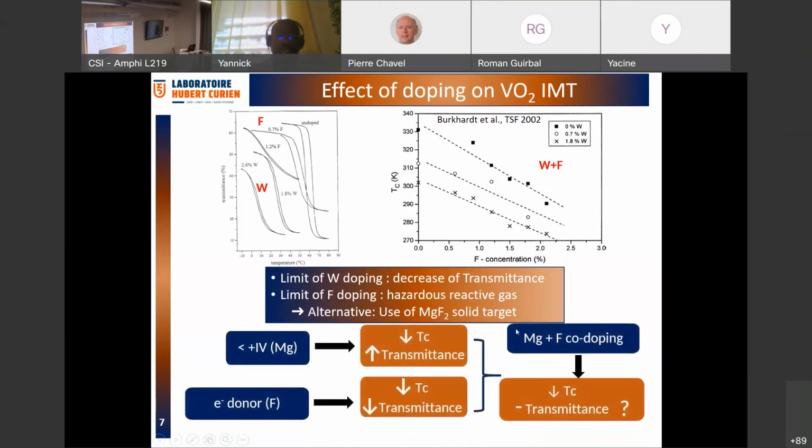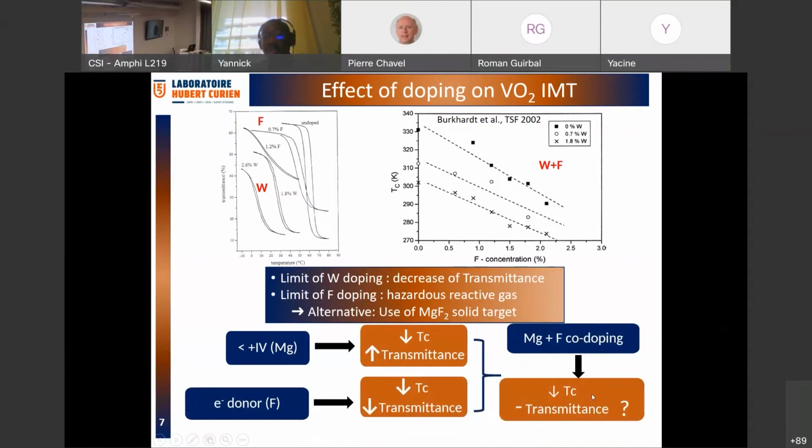So what we want to do is the co-doping of magnesium with fluorine using a solid target, in order to take the synergy of both dopants.